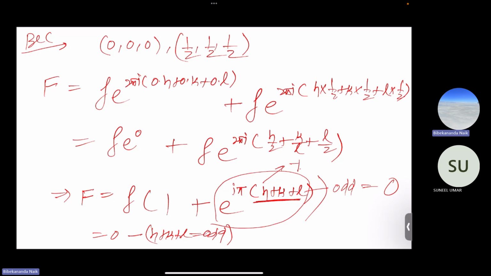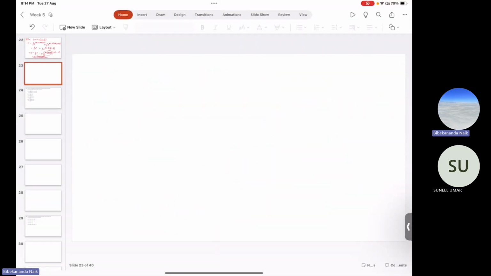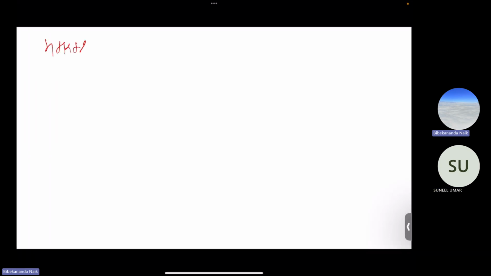Then if h plus k plus l is even, then this exponential value will be 1, because e to the power i pi times an even number is 1. So F will be 2f if h plus k plus l is even. Since the amplitude is 0 for planes whose h plus k plus l is odd, there will be no peaks.